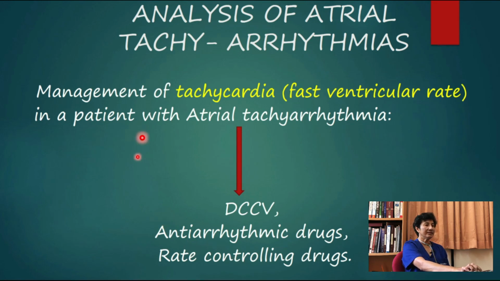During atrial tachyarrhythmia, if the ventricular rate is fast, you can use one of these treatment modalities: direct current cardioversion if the patient is hemodynamically unstable, antiarrhythmic drugs, or rate controlling drugs.